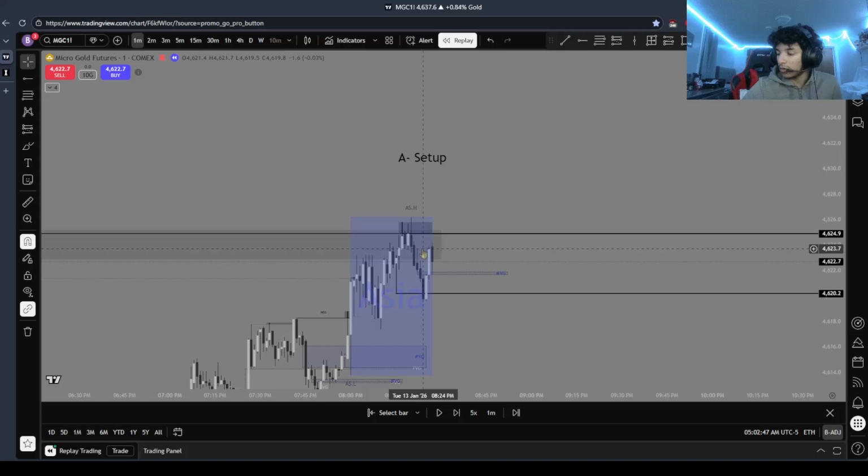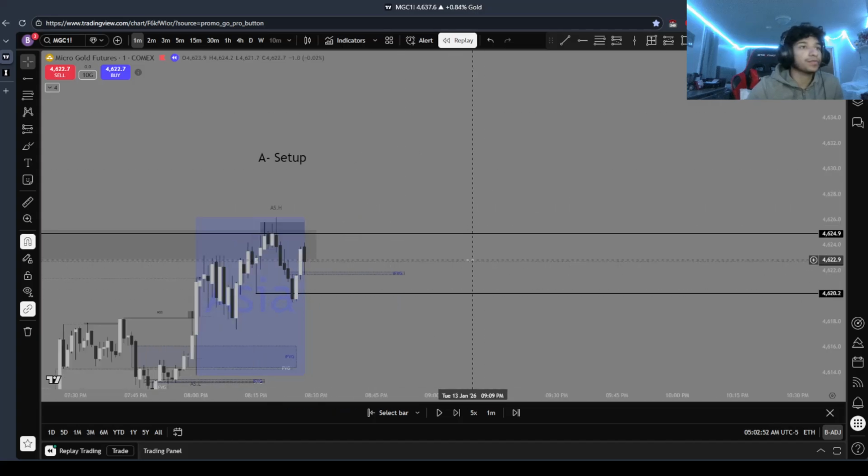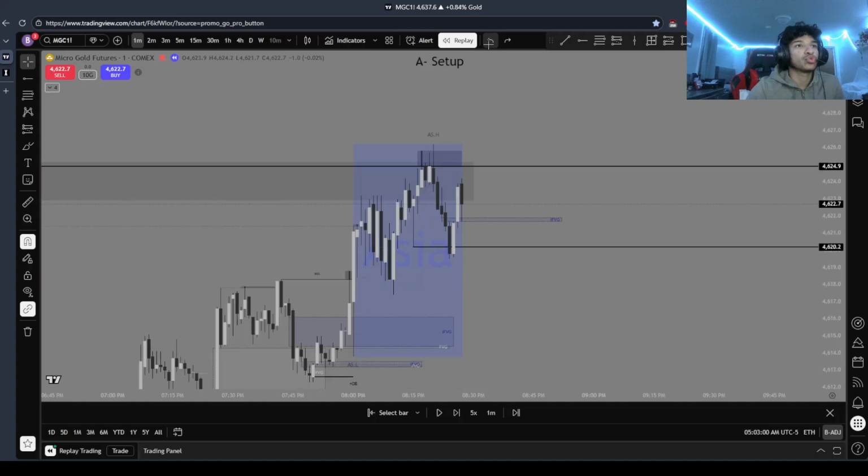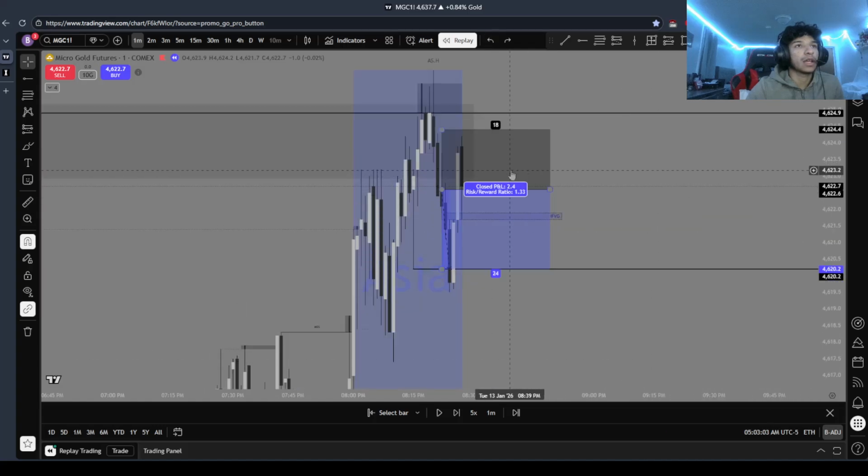But it is all good. So the amount that we were supposed to risk on this was 60 contracts, which we couldn't even open that much of a position.